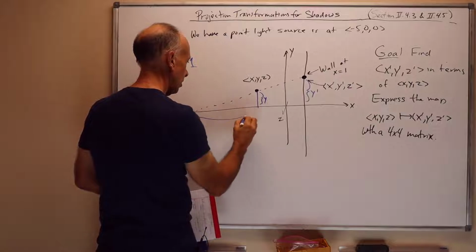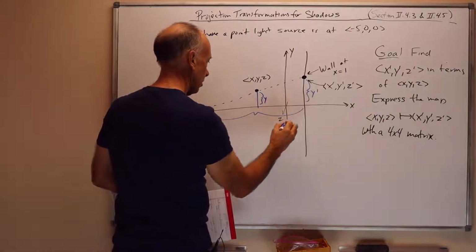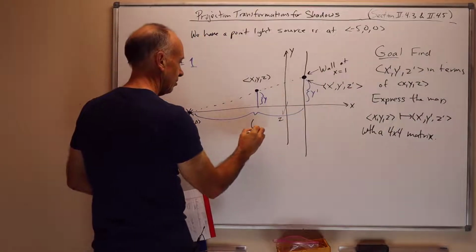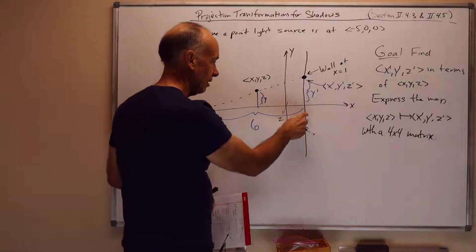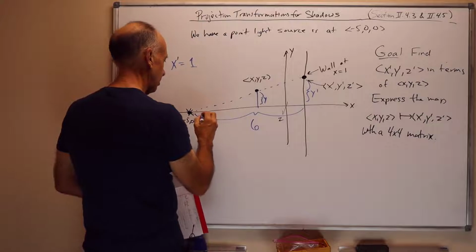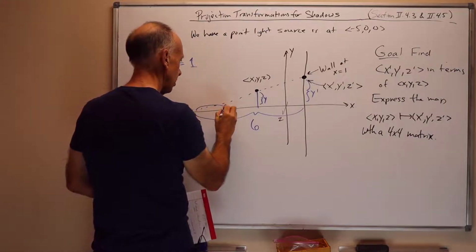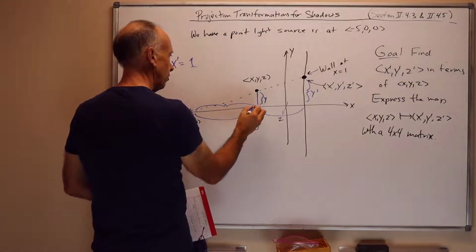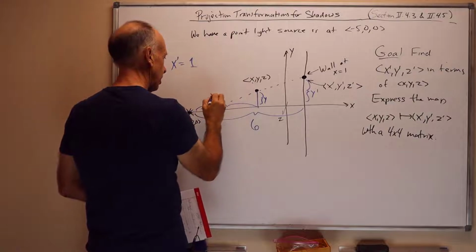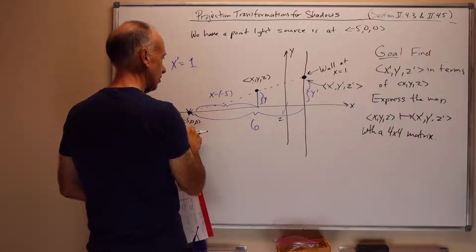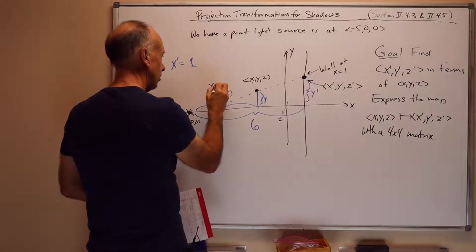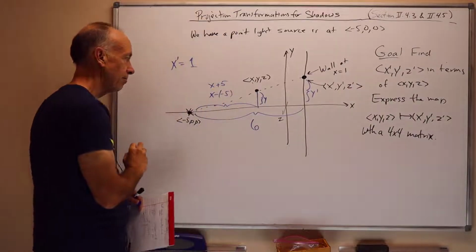This length here is 6 because we're going from x equals -5 up to x equals 1. And this length here, well, we know that this is x, so x minus -5 is the distance from -5 to x, which is the same as x plus 5.